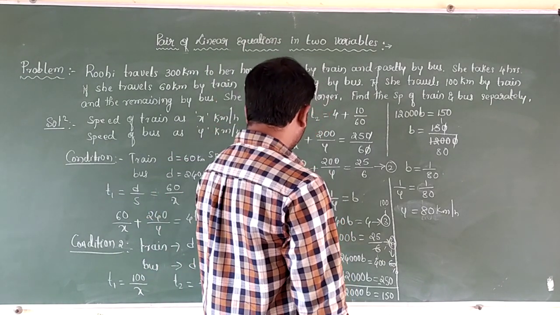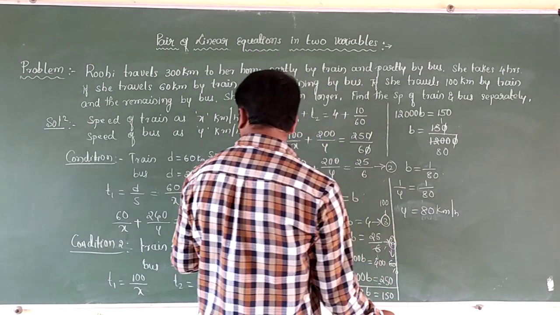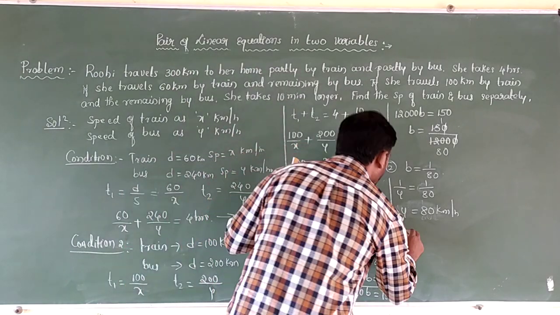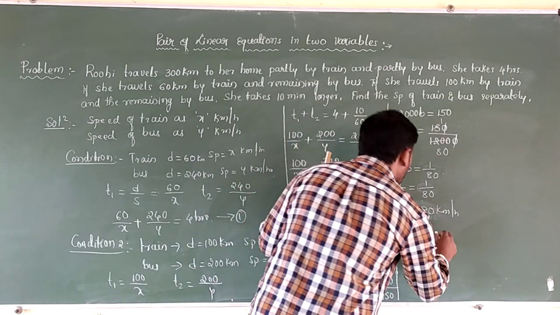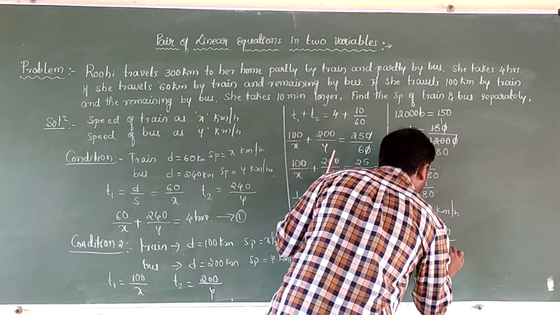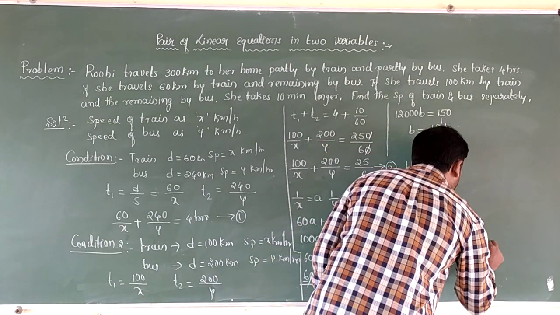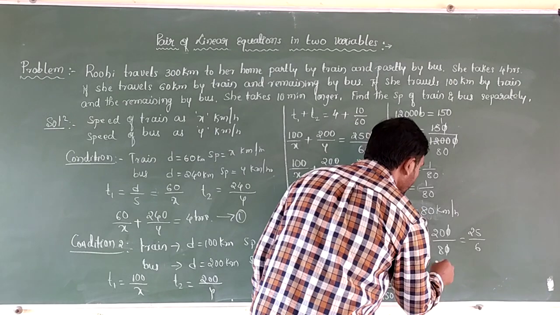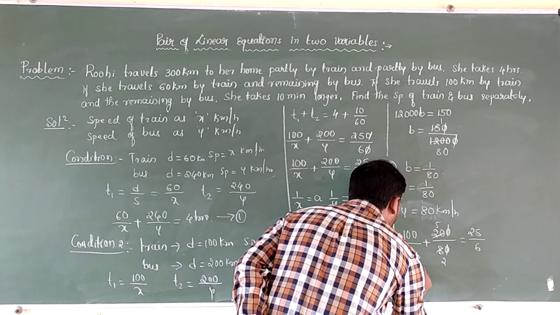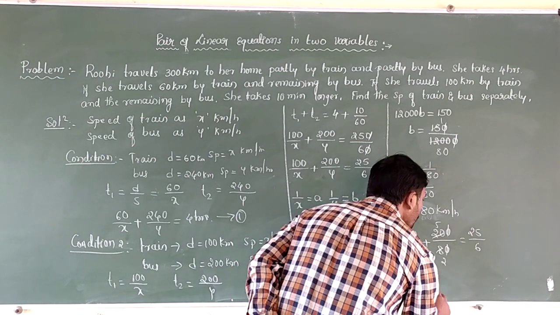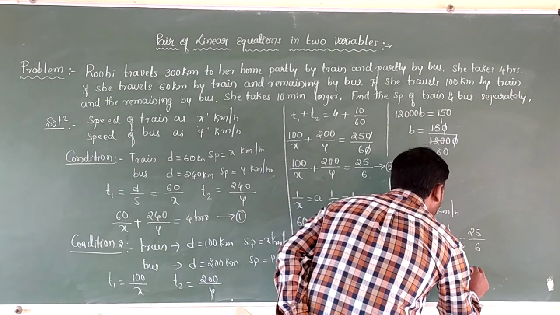To calculate x, the first equation is: in this equation I will substitute 100 by x plus 200 divided by 80 is equal to 25 by 6. Here the 0 cancels. 4 2s are 4, 5 2s are 5 by 2. So 100 by x is equal to 25 by 6 minus 5 by 2.